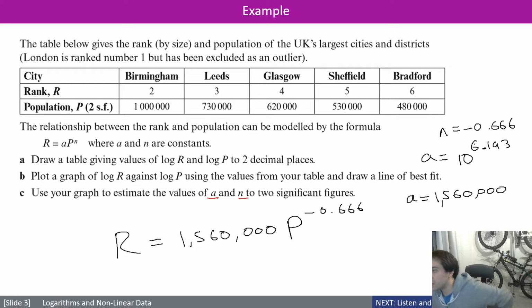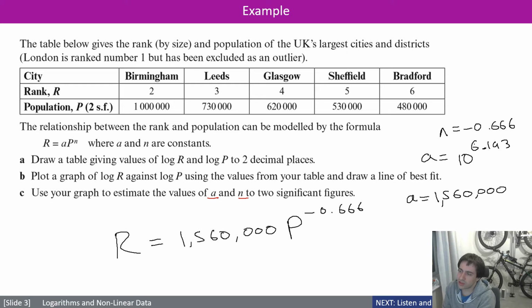And there we have it. So now you've got to be careful here. According to this rule, for instance, the rank 1 would be London, and that would indicate London has a population of 1.5 million, which it does not.